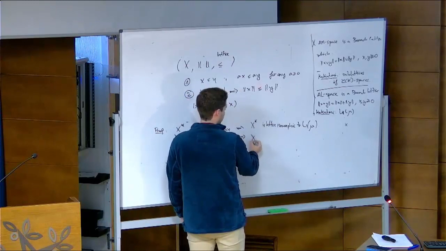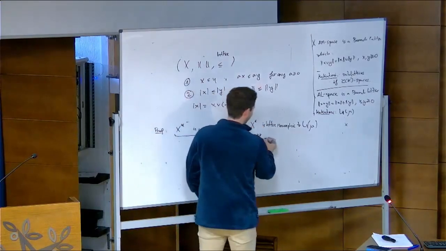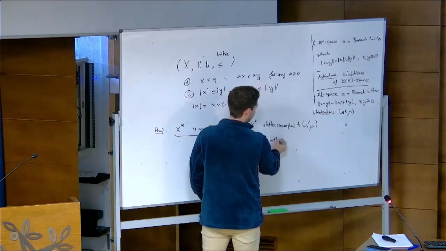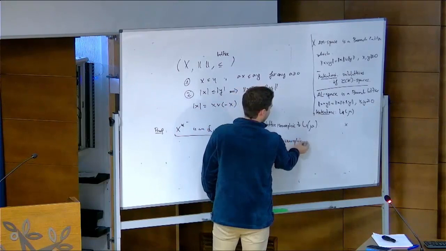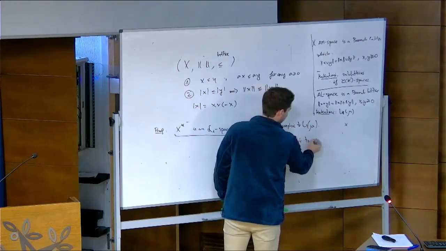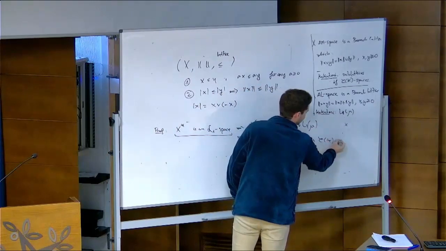Then the dual is lattice isomorphic to a C(K) space.